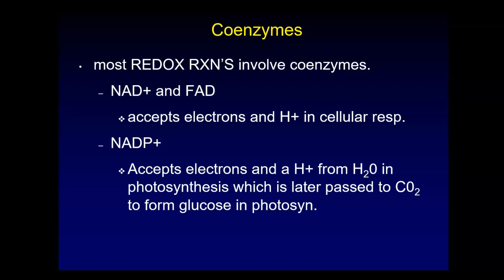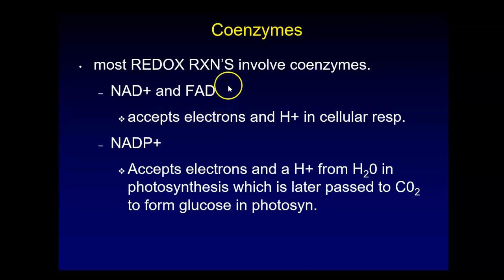I call them the cab drivers. The way that we're looking at them now, these are the oxidized versions of the coenzymes. Remember, they're non-protein. When they pick up the electrons and the hydrogen ions, that's when they are the reduced versions. But these are empty pairs. They're waiting to pick up the hydrogen ions and electrons.